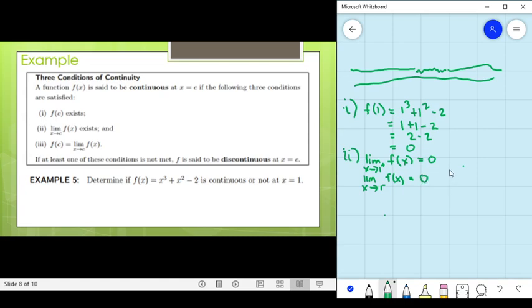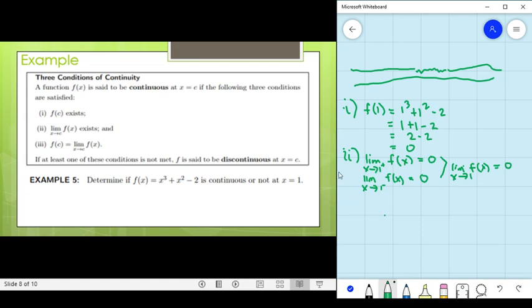The value of f of x will be getting closer and closer to 0. So from here, we can say that the limit of f of x as x approaches 1 is equal to 0.